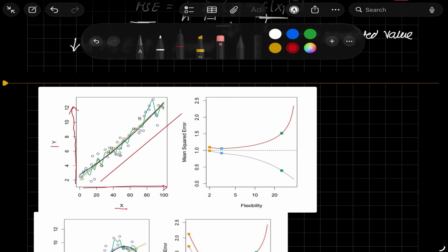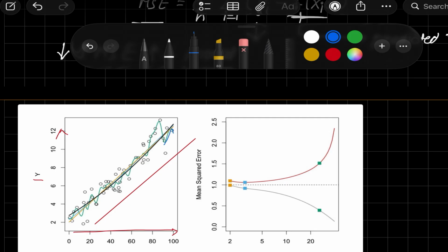And now we have different approaches. Number one is this black line, which is showing a linear relation, a linear path.